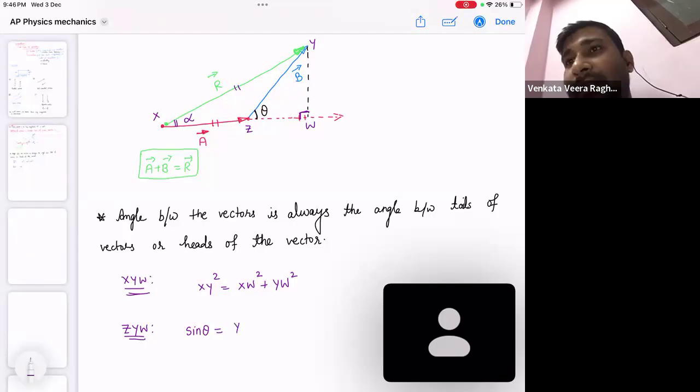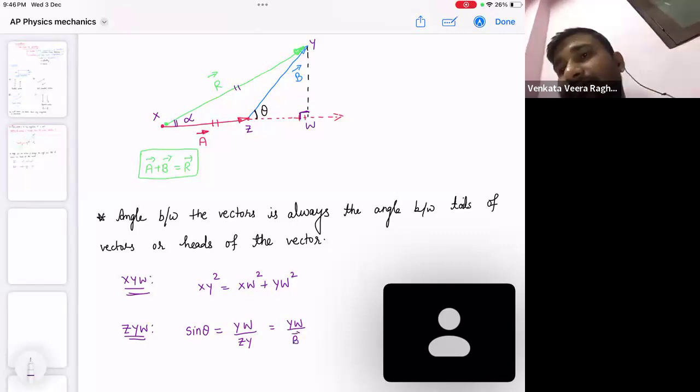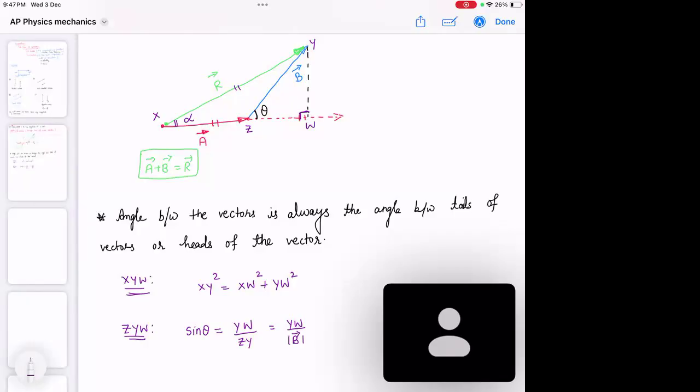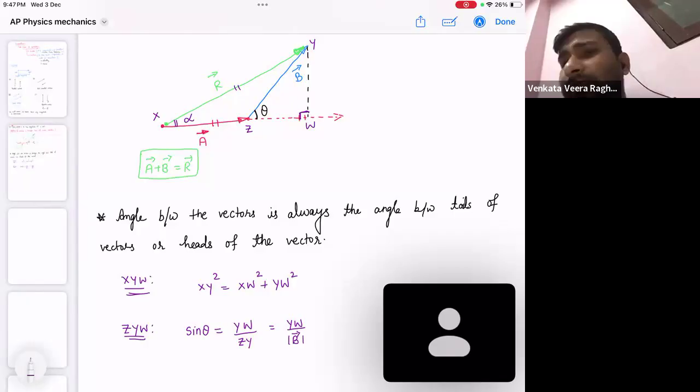In triangle ZYW, can you write sine theta as YW by ZY? So what is ZY? ZY is the magnitude of vector B. That length is equal to the magnitude of vector B. Why did I put the mod? Every time I cannot write the magnitude of vector B. We need some symbol for that, isn't it?